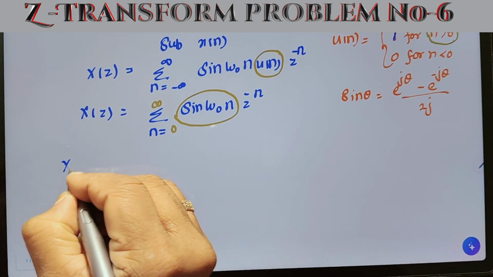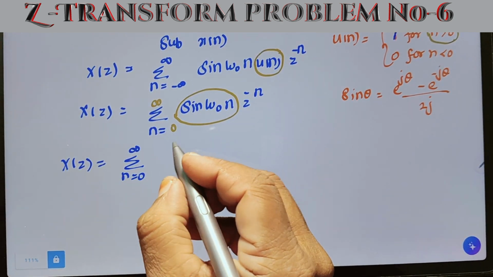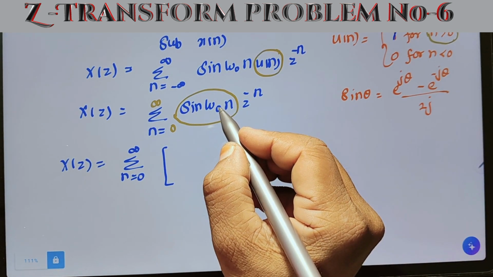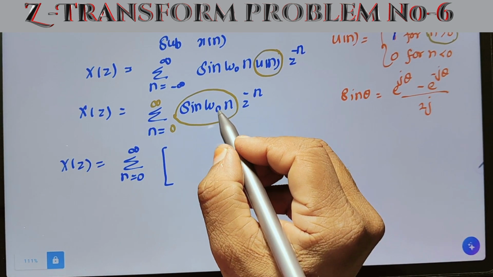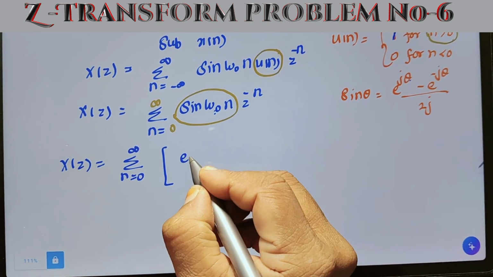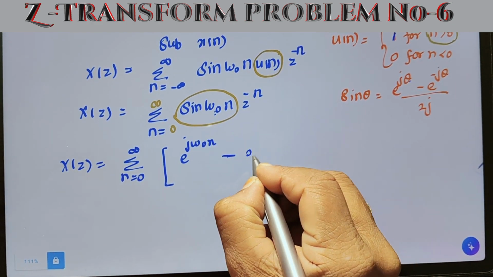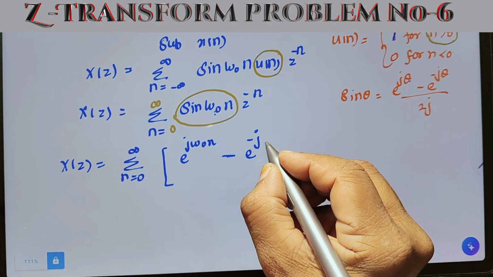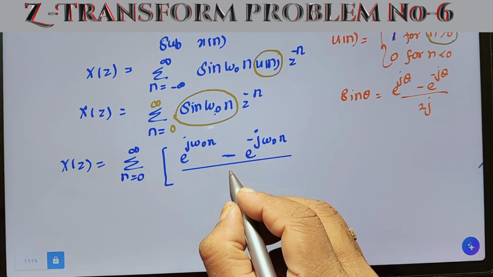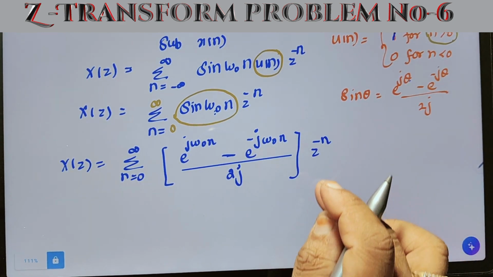Next line, X of z equal to summation n equal to 0 to infinity, e power plus j omega naught n minus e power minus j omega naught n, the whole divided by 2j because of the sine term, into z power minus n. Theta is replaced by omega naught n.